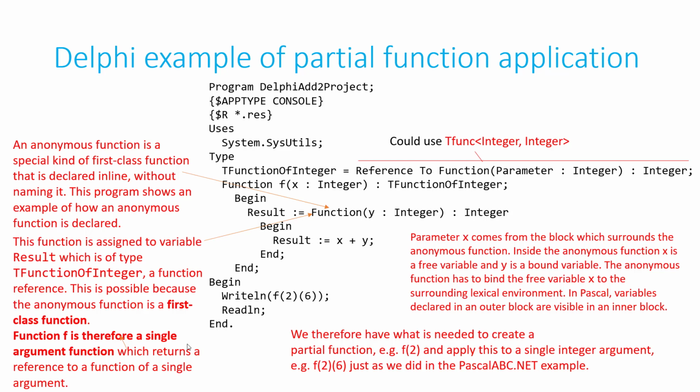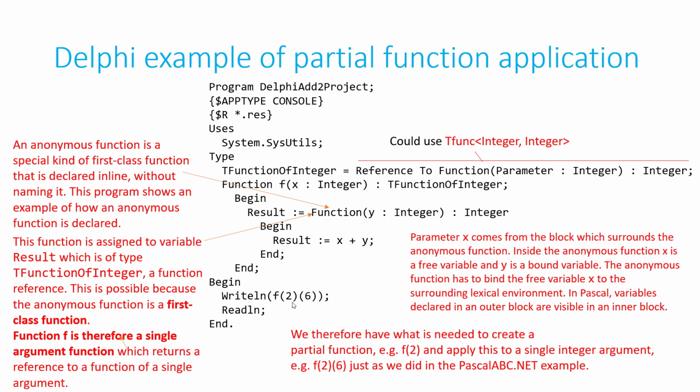Okay, so looking at the main begin end block, we can call f with the argument 2. It's a single argument function, but what is returned is another function of a single argument, and this inner function or anonymous function returns an integer result.